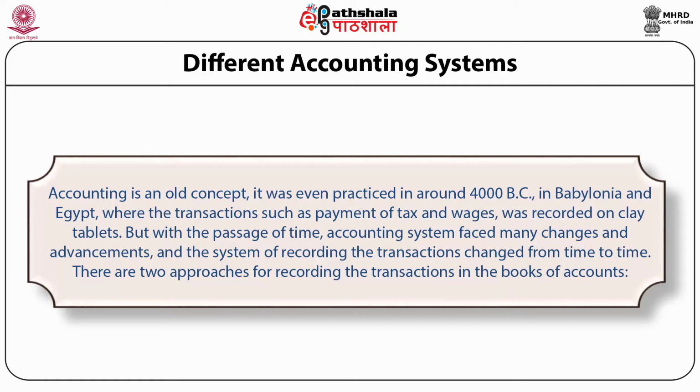But with the passage of time, the accounting system faced many changes and advancements, and the system of recording the transactions changed from time to time. There are two approaches for recording the transactions in the books of accounts: one, traditional accounting system, and two, modern accounting system.